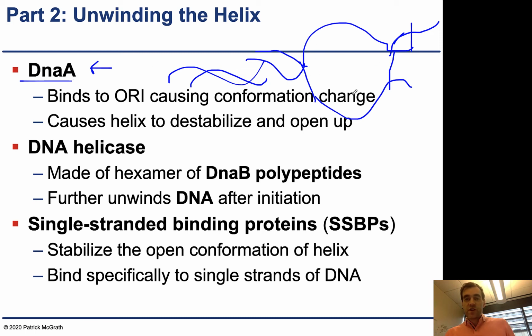Once you've initiated that, if you want to continue to push to expose more and more of this single strand, this is where DNA helicase comes into play. It's made of a hexamer of the gene product DnaB, and it further unwinds the DNA.